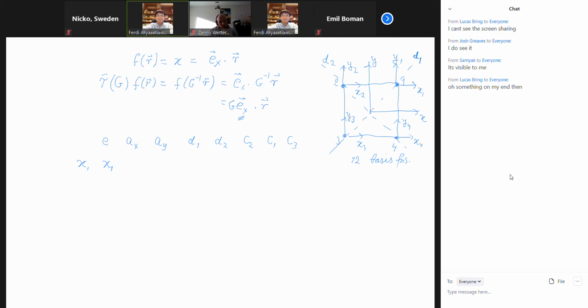Yes. So if you just look at this picture, you can see that x1 will be brought into x4. And Ay is a rotation about y by pi. So then x1 will be brought into minus x2.